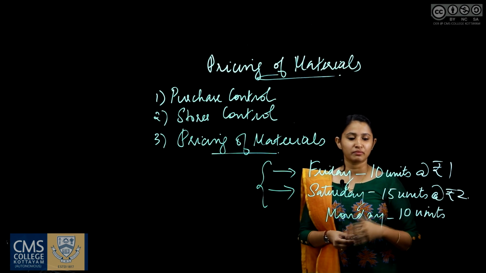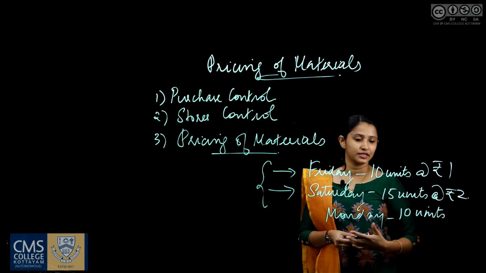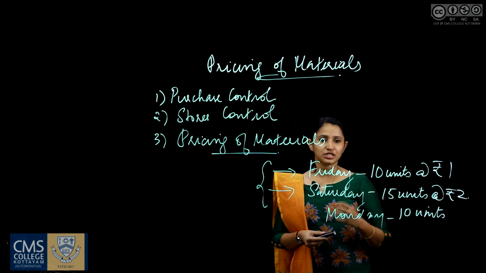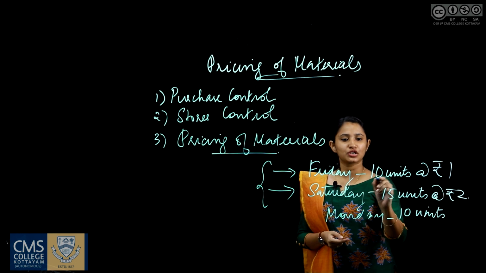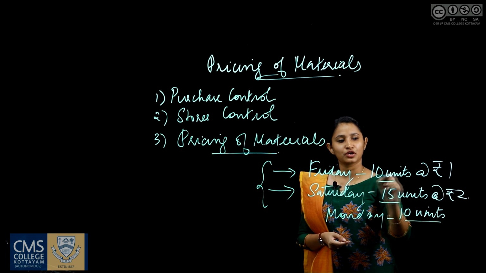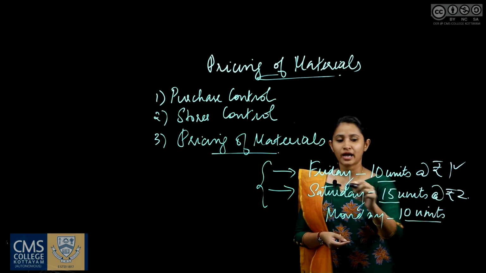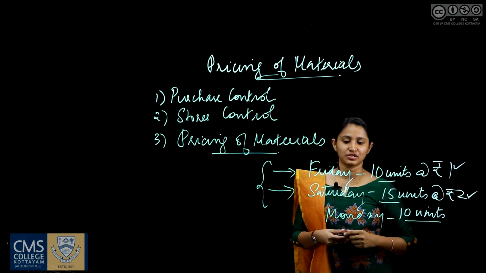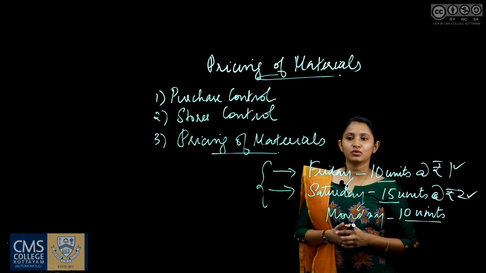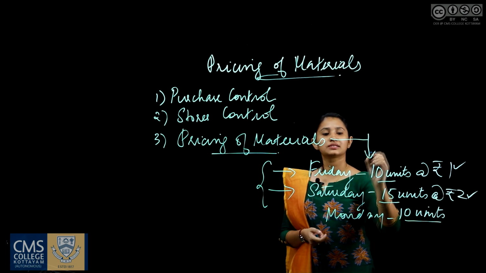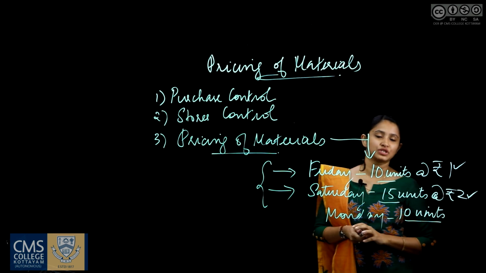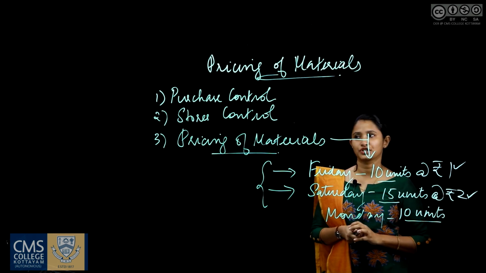So the question before you is, from which lot are you going to take these 10 units? Are you going to take it from the lot that you purchased on Friday, or from the lot that you purchased on Saturday? This is the question before the cost accountant. Pricing of materials answers this particular question. It tells you from which lot you have to take your materials for production.